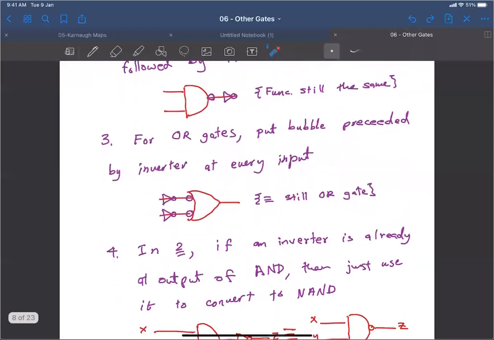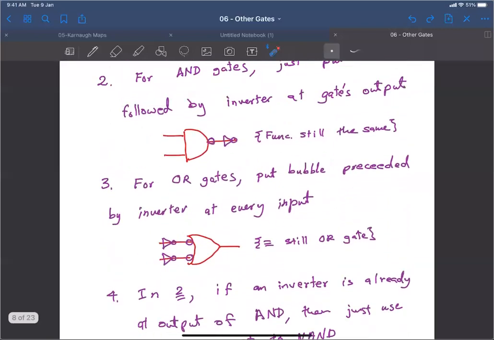All right. Now in this step, maybe the circuit already has an inverter without a bubble, as part of the circuit, maybe after the AND gate.